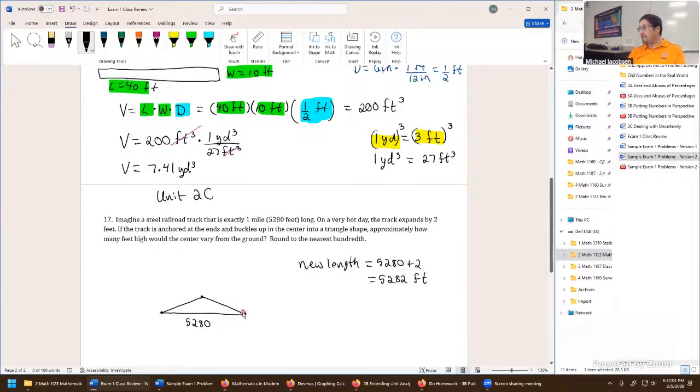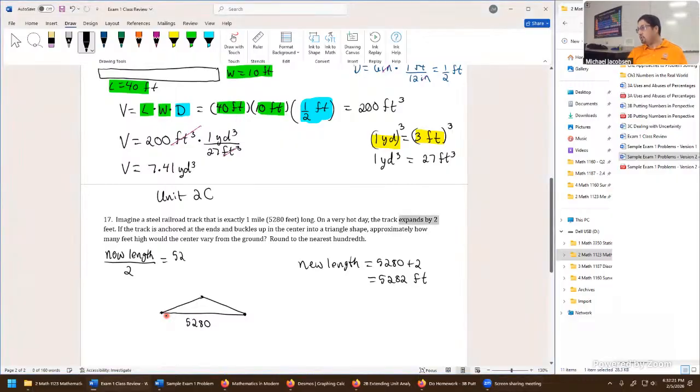And so what we want to put down next is the new length. Let's just take that thing and divide it by 2 altogether. If we divide it by 2, that will give us this distance going this way.